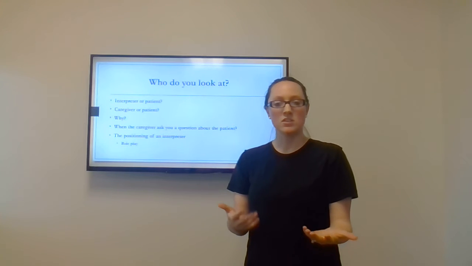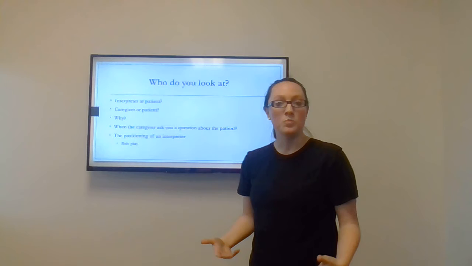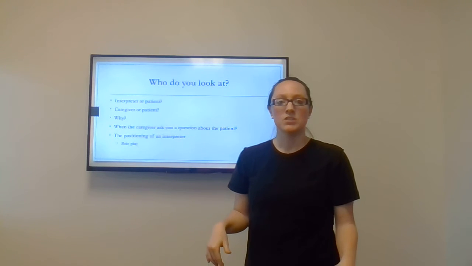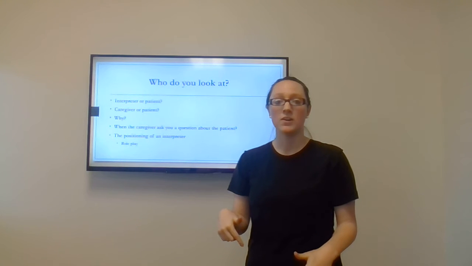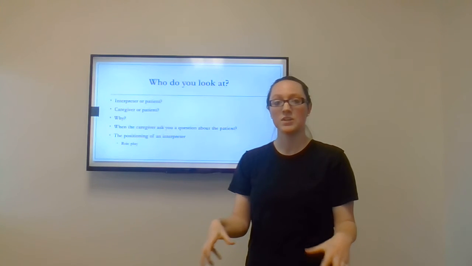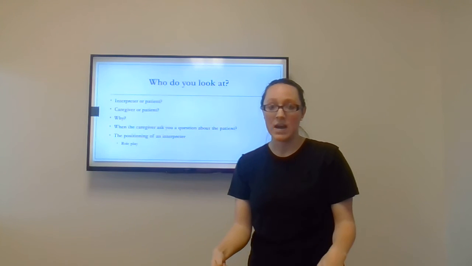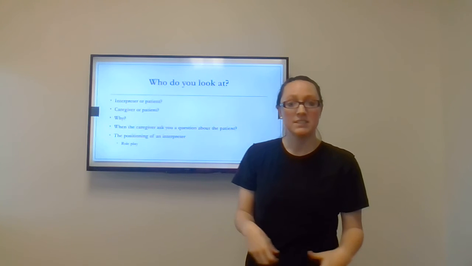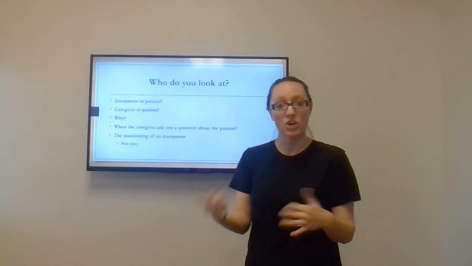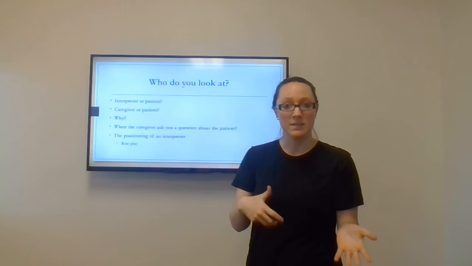So just understand that, say if you were to tell your patient to lay supine or prone or to turn around or something like that, the interpreter has to walk or position themselves where the patient can see. So that may be kneeling down beside the patient's head, that might be leaning over the patient, you might have to take turns leaning over the patient depending on if you're asking them questions.